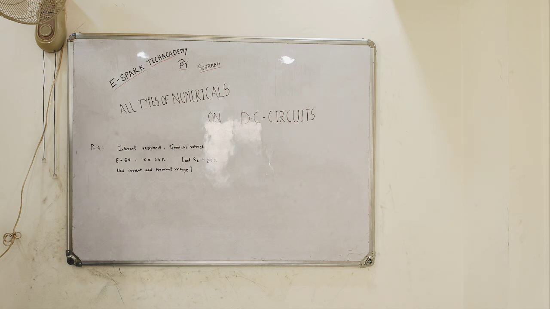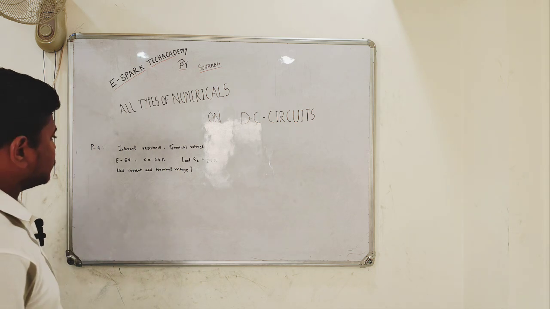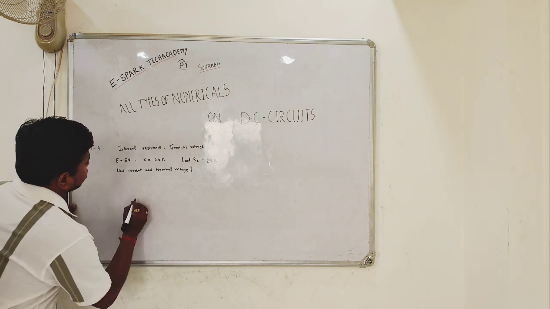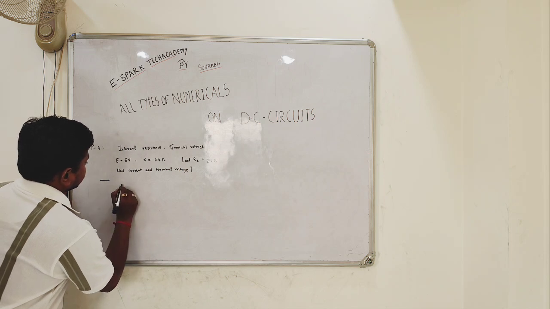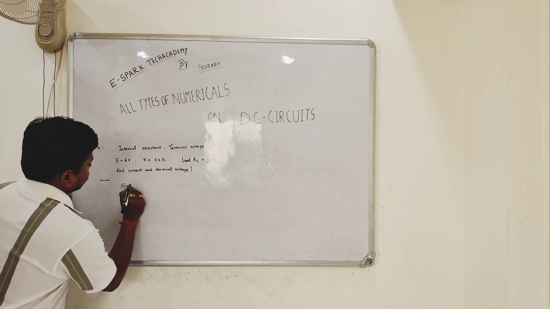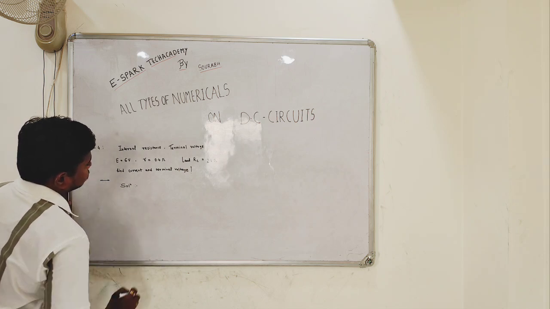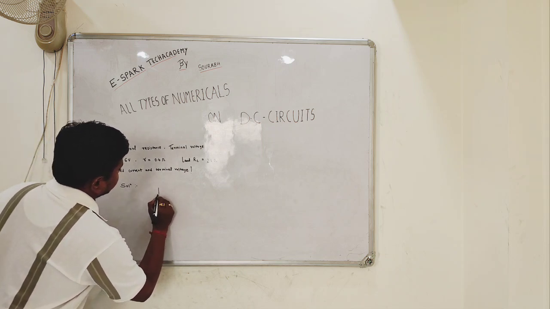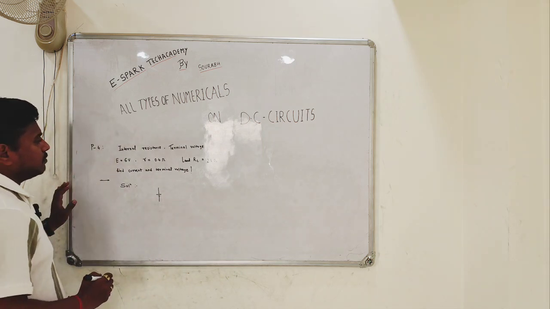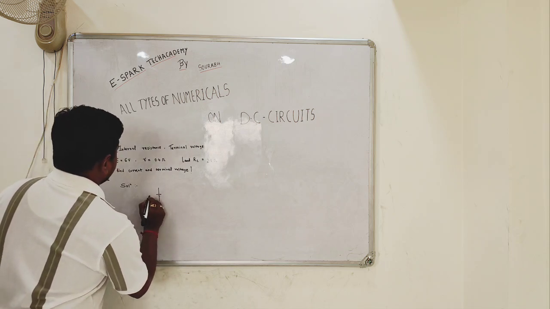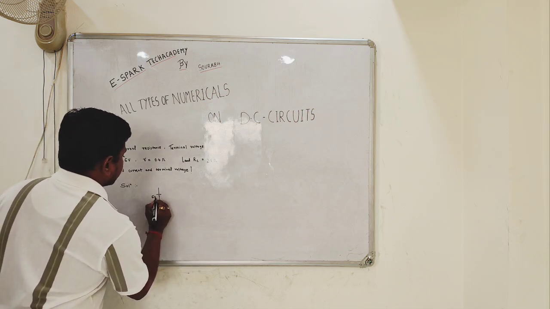Now first of all, when we get such sort of problems, we should be able to draw a basic circuit diagram from the given data. In solution, we will first draw a diagram consisting of this E, which is given as 6 volt.